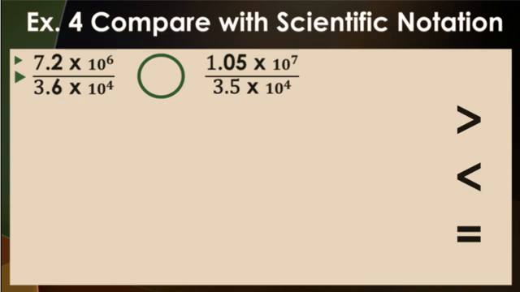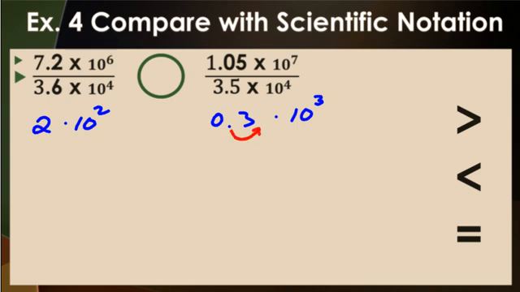Now let's do some comparison. So we have 7.2 divided by 3.6 gives us 2 times 10 to the second, because 6 minus 4 is 2. That's already in scientific notation. The other one, 1.05 divided by 3.5 gives us 0.3 times 10 to the third power. I need to make that in scientific notation.